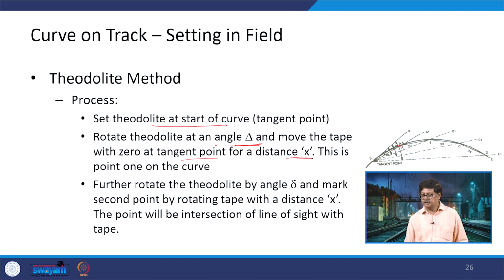So, the first point is noted. Now, for the second point, from here again you are going to move by delta. So, you will get another line of sight, and then from here you will move the tape with a distance x, and you will get a point here, and the same method is going to be repeated again and again.